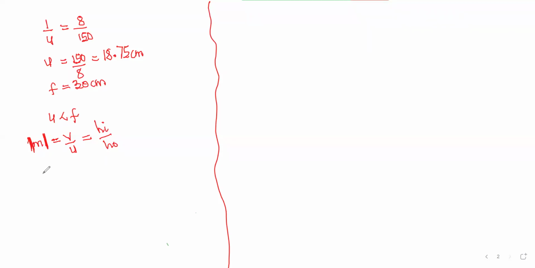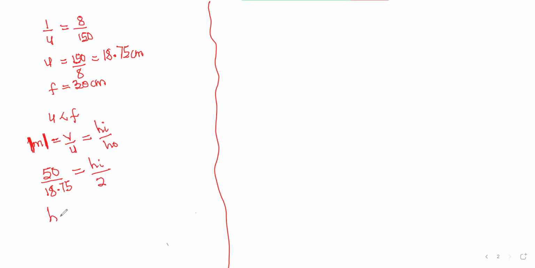Okay, so V is 50. And by this symbol, we are looking at the absolute value, the numerical value. Forget about minus 50, because we are looking at the absolute value. So 50 over 18.75 is equal to HI, which we are looking for, divided by 2.